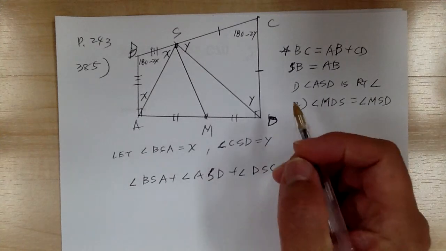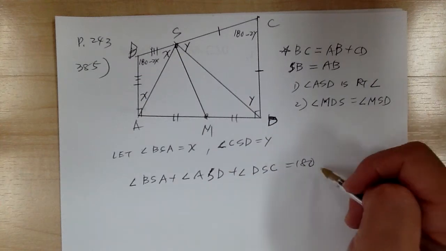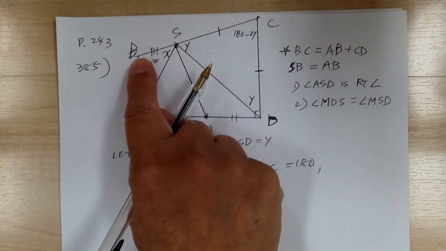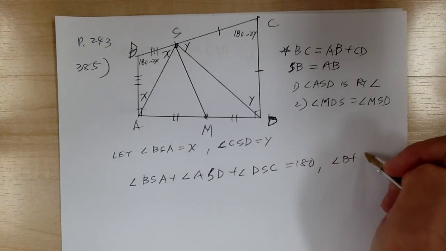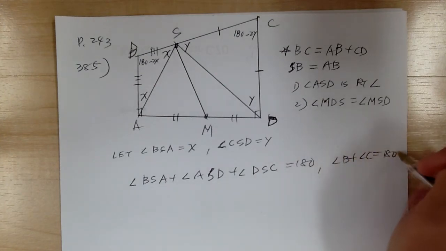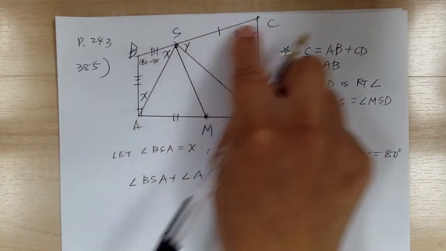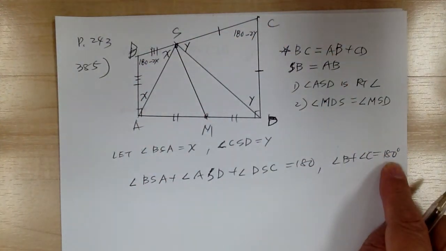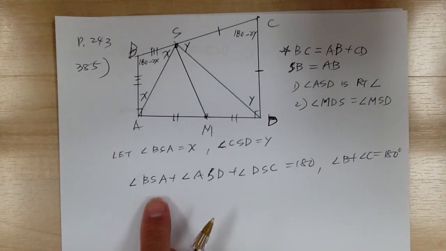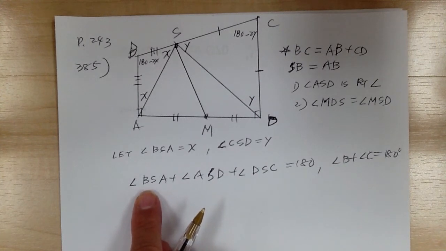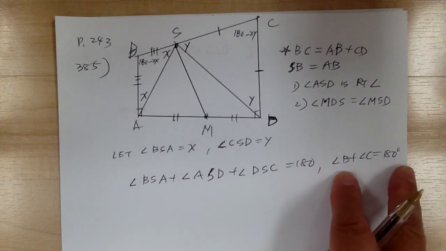And another thing we can notice is that angle B and angle C equal 180 because they are same side angles. Same side angles equal 180.